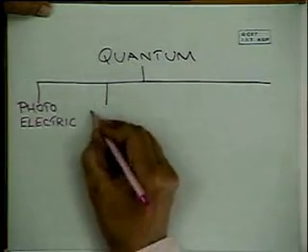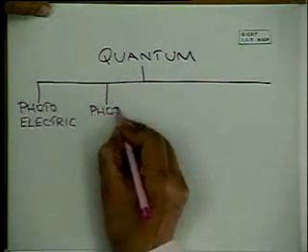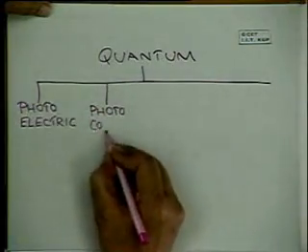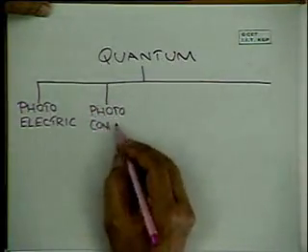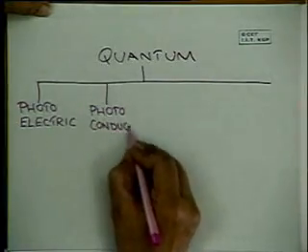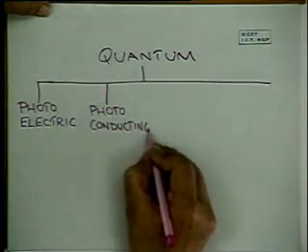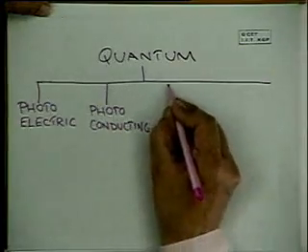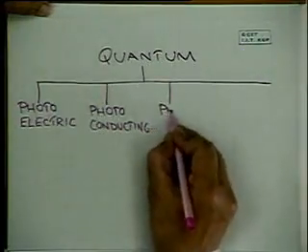Broadly, another class depends upon photoconduction, so photoconducting. Then photovoltaic.